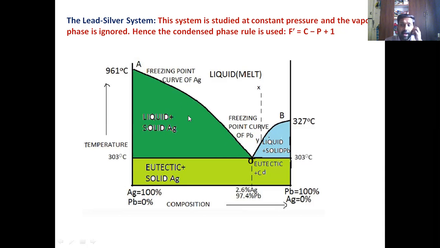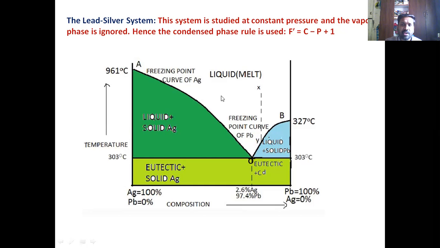Now, once the alloy melts, what does it form? A melt, liquid. That is the liquid phase here. And as I told you, in the eutectic system, a liquid is homogeneous. Both lead and silver are mutually soluble, miscible in this liquid melt.